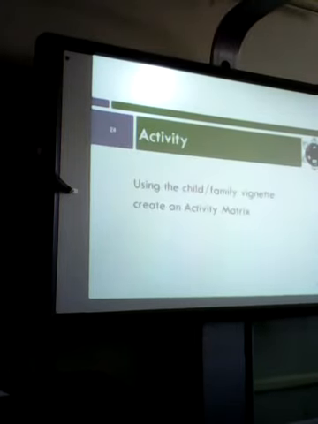Any questions you had as you developed your activity matrix, or did it seem like it flowed together nicely with the goal you had written?